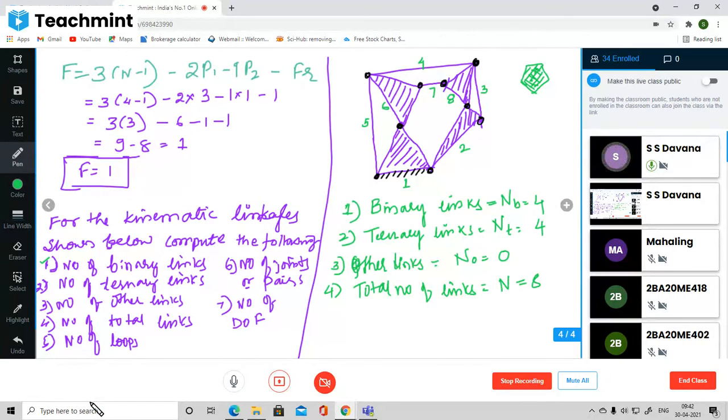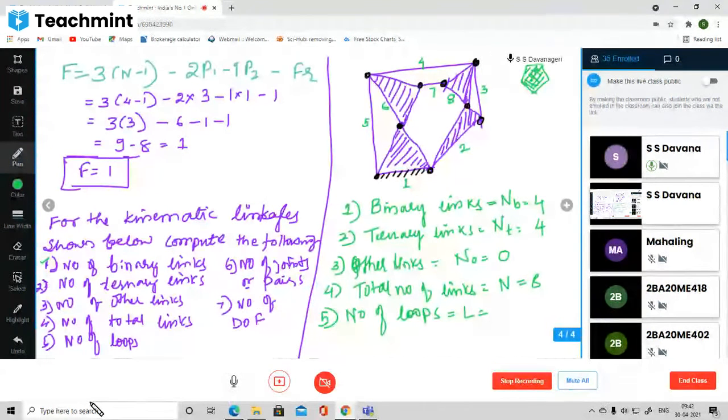Now coming to the number of loops here. How many loops do you have? Just think about it.